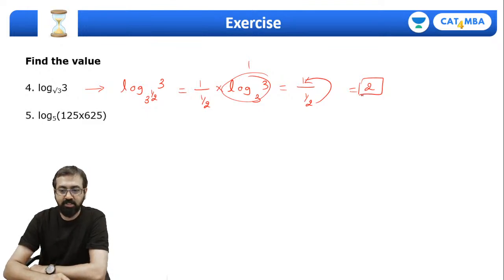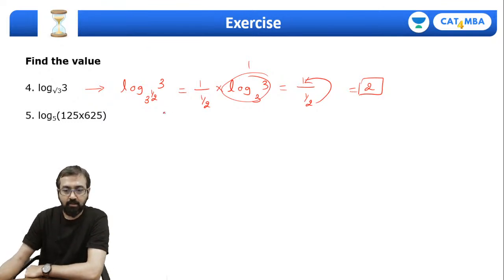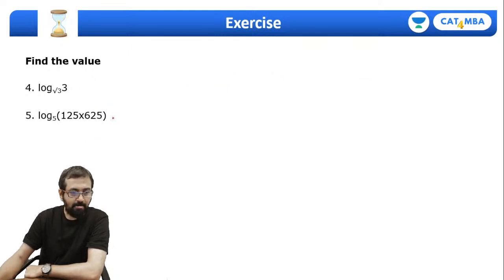Okay, one more question for you guys. Even by looking at the question, you should be able to make out what the answer is. What's the answer for this one? Right, let's look at this.